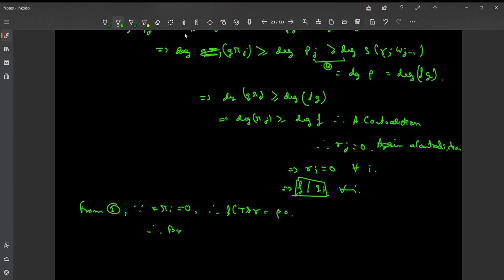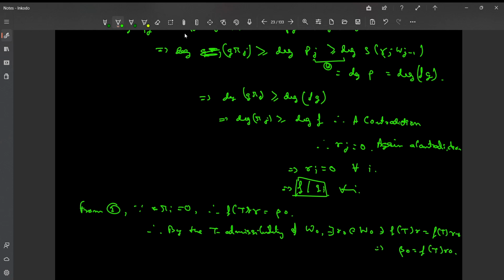Therefore, by the T admissibility of W naught, there exists some gamma naught in W naught such that Ft of gamma is equal to Ft of gamma naught, but Ft of gamma is beta naught, so beta naught is equal to Ft of gamma naught, right? Okay, so we have finally proved step 2.